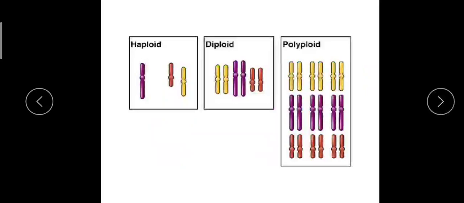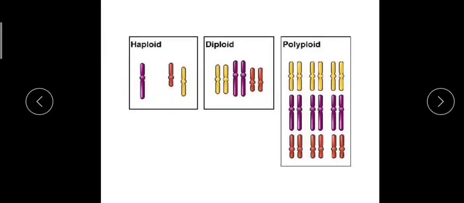See here also, it differentiates between haploid and diploid, and another term is polyploid. What is polyploid? In the polyploid condition, the organism or the cell will have more than two basic sets of chromosomes.